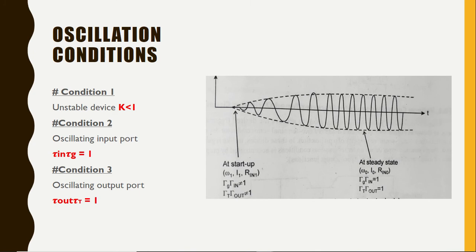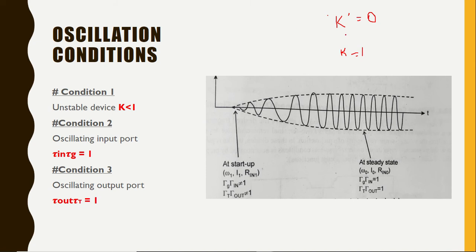Coming to the condition of oscillation, we would have studied the reflection coefficient K in the previous units. So if reflection implies oscillation, if oscillation has to be 0, K must be 0. If oscillation or reflection must be present, K must be equal to 1.